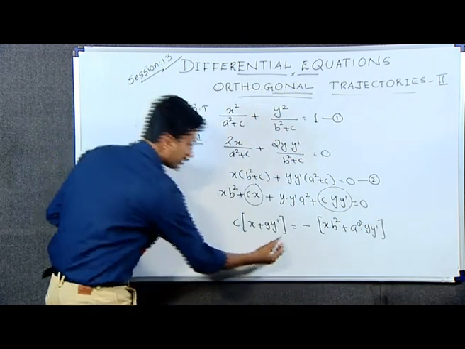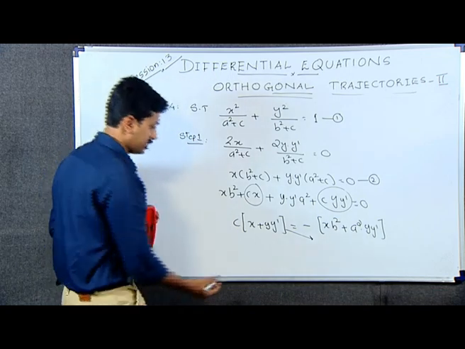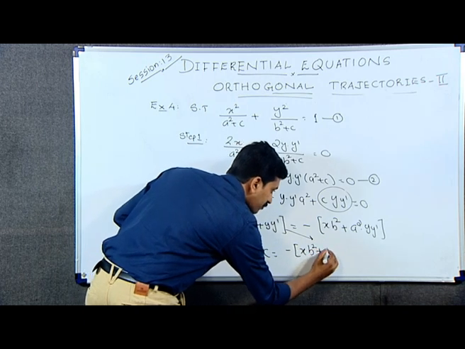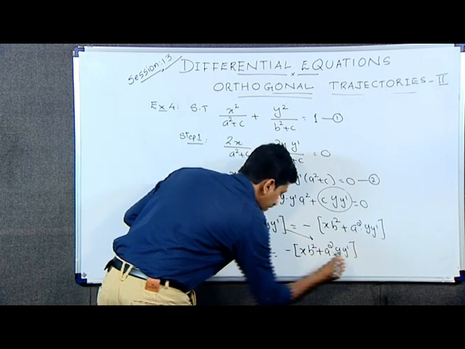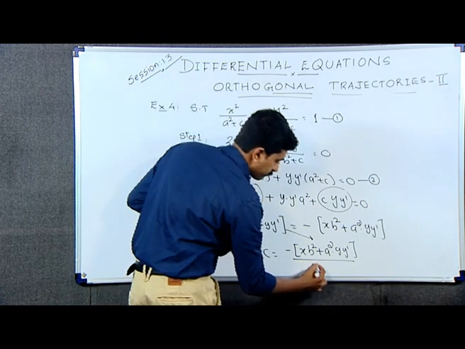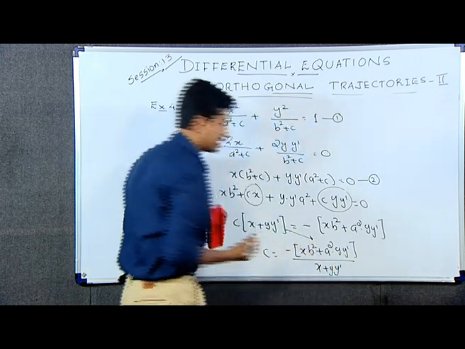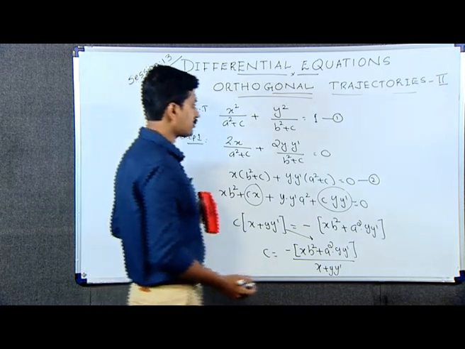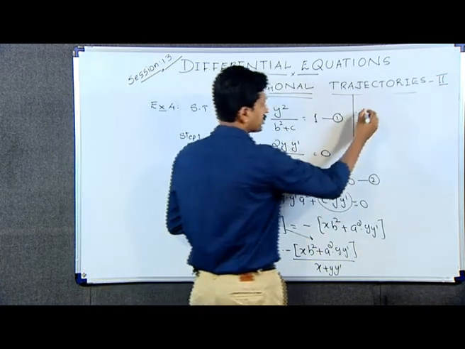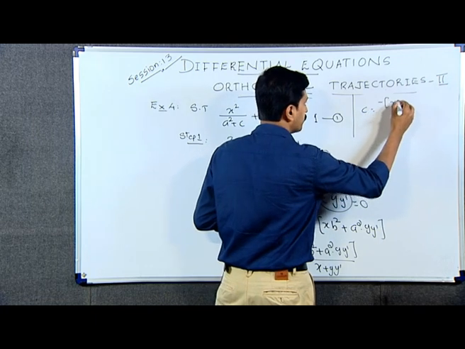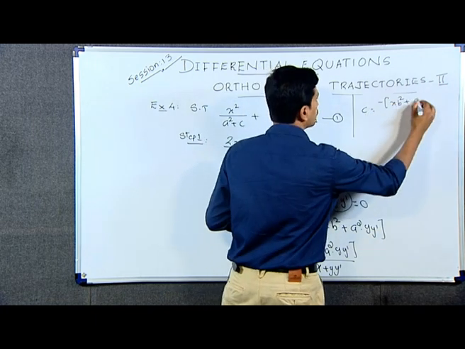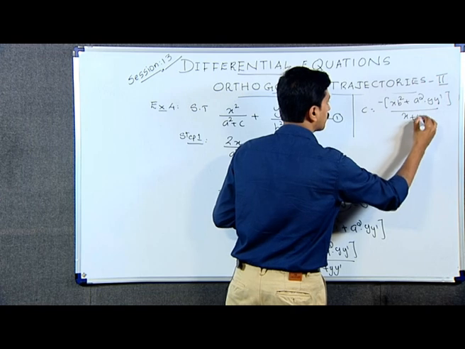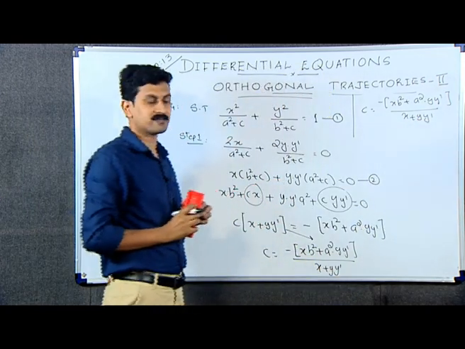So, from here we find c is equal to minus of x b square plus a square y y dash divided by x plus y y dash. See, we found the value of c, that we have to use later.